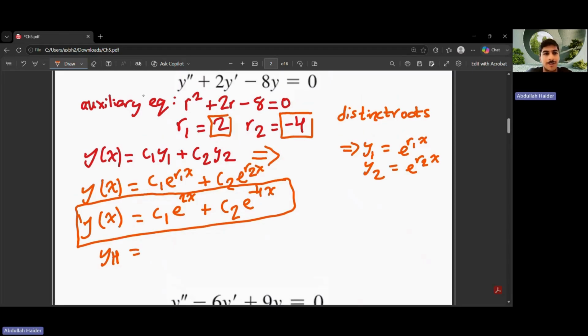Whenever we get the auxiliary equation and write it in the general form, this is always called the homogeneous solution. For now I do not advise using y of x, since we're finding the homogeneous solutions, and it's better to write y sub h is equal to c1 e power 2x plus c2 e power minus 4x. This is our final answer for this question.